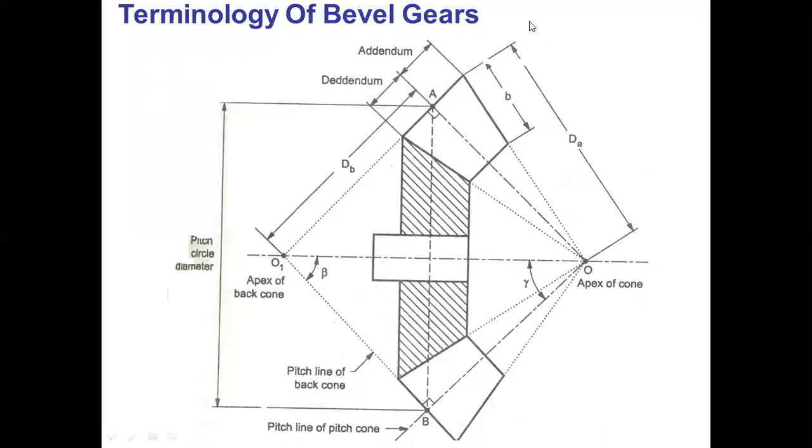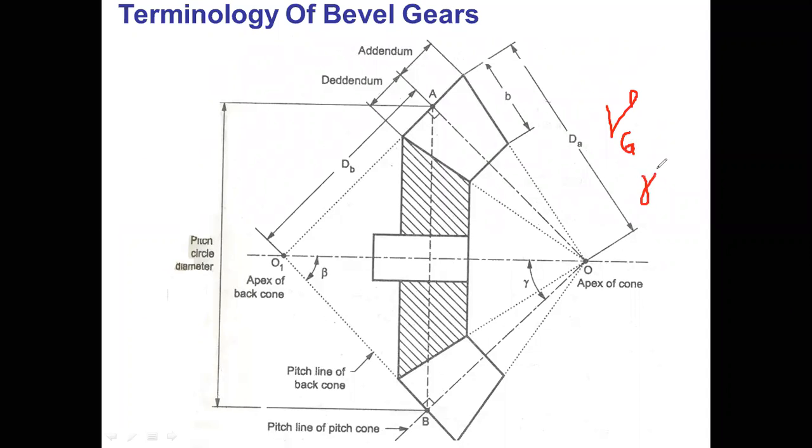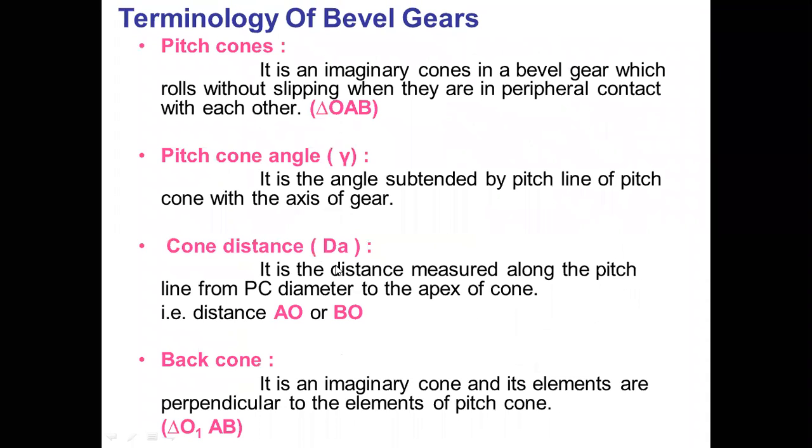If we represent it as gamma G, then it is the pitch cone angle of the gear, and with gamma suffix P, it is the pitch cone angle of the pinion. These are the terminology.